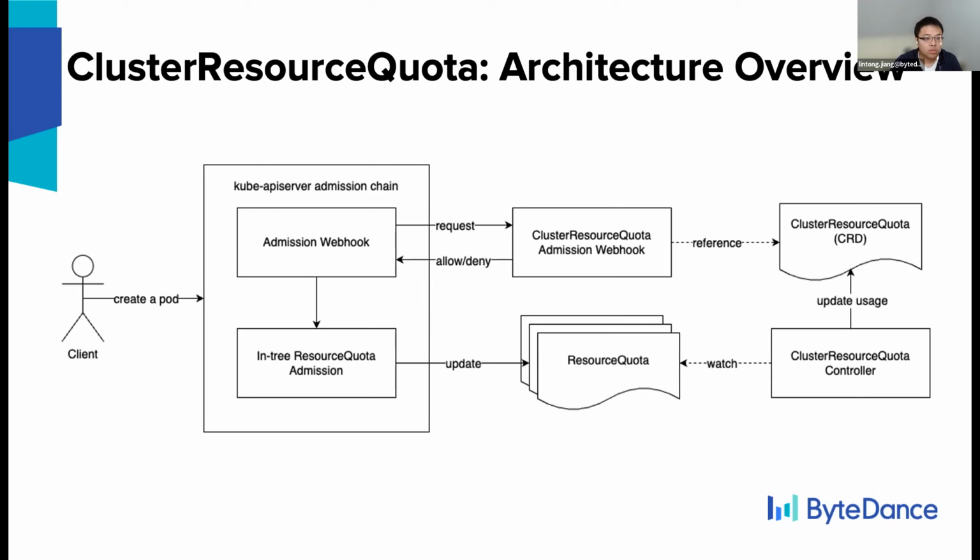This step is also just built-in logic. And after resource quota has completed its work, the cluster resource quota controller keeps watching all the managed resource quotas, syncing and aggregating the usage of each resource quota under all the managed namespaces.